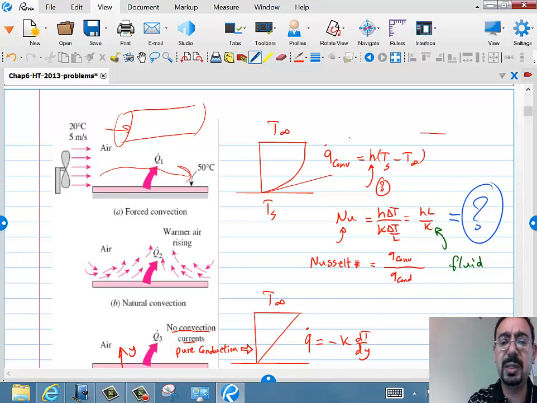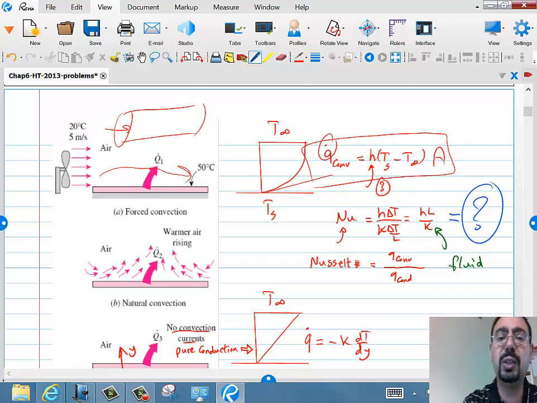And what's our job in these chapters? It's basically to get q convection, in watt per meter squared, or if you put area over here, then this would be Q dot convection, in watts. You would like to get the rate of convection. You can tell this phenomenon is a very complex fluid mechanics and heat transfer interaction. You have to solve the fluid mechanics too.